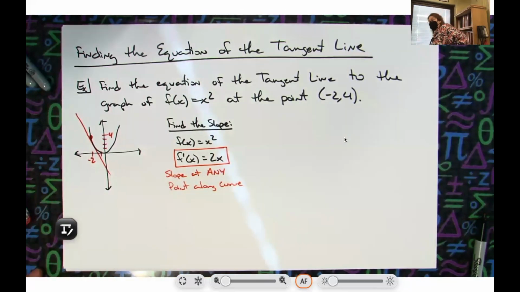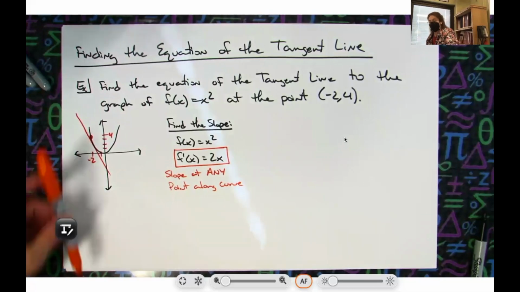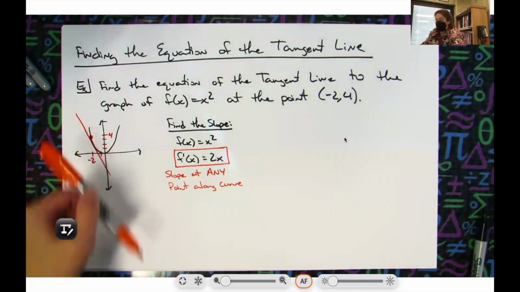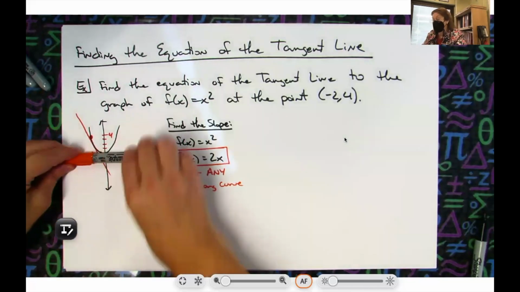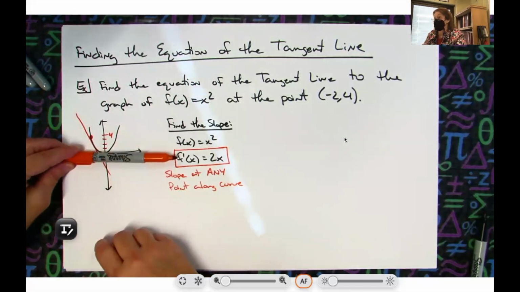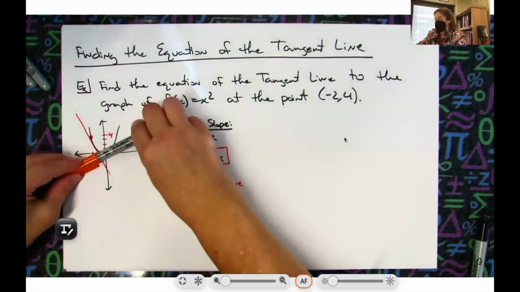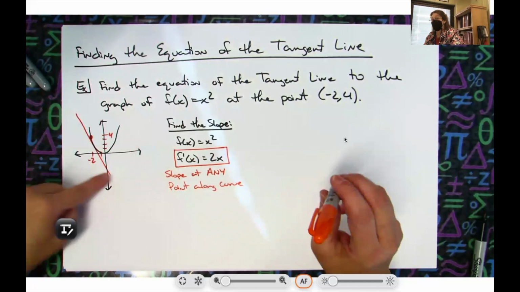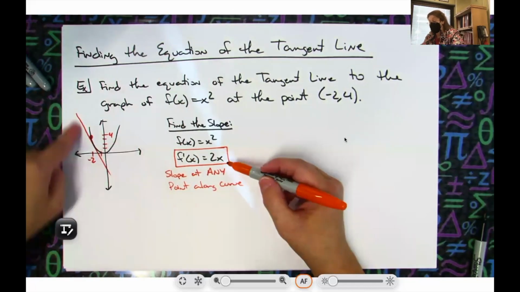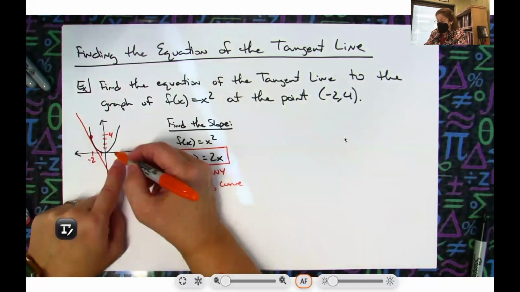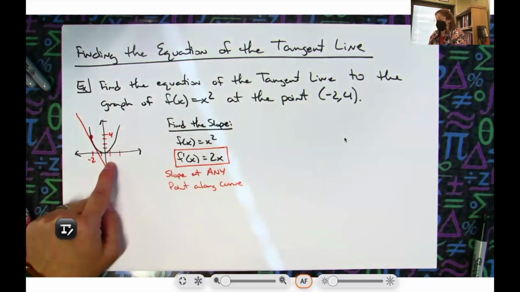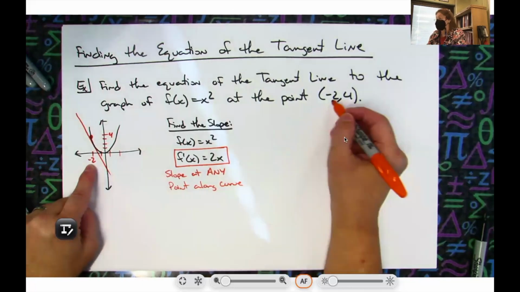We've already talked about how the slope changes. Over here it's going to be negative something, negative something, negative something. When I come down here at the vertex, the slope would be 0. And as I come over to this side, they become positive numbers, but they change. It's a changing slope. This is the slope at any point. So if I want the slope at 7, I'd plug 7 in. If I want the slope at 1, I'd plug 1 in. But I want the slope at negative 2.